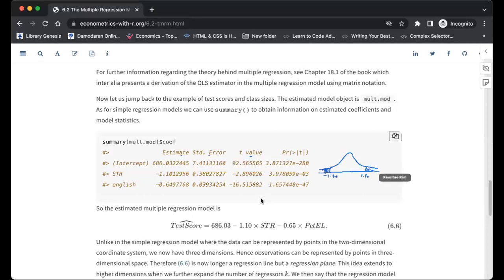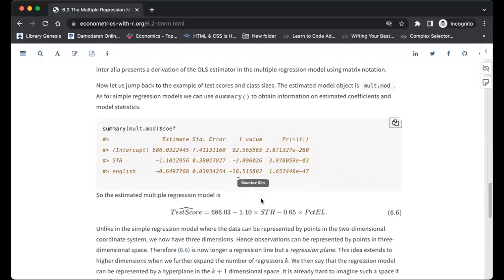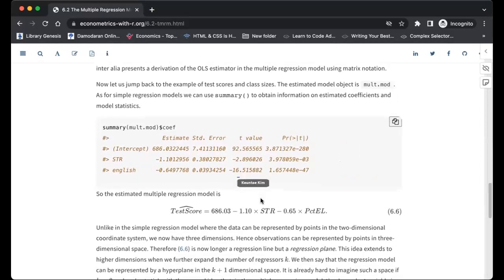That's the key. These two values are definitely less than negative 1.96, which means both are very significant, and based on the estimates, both are negatively associated with the English score.